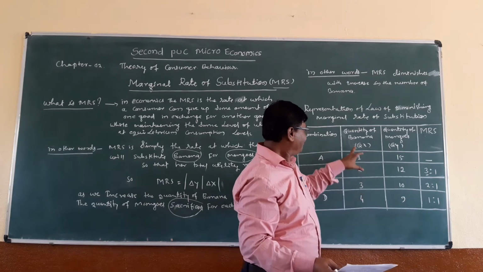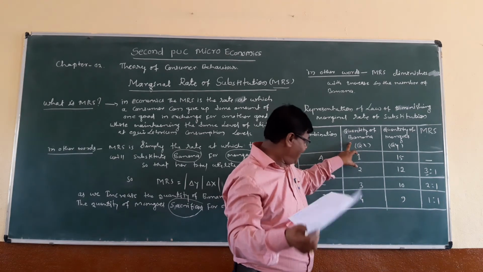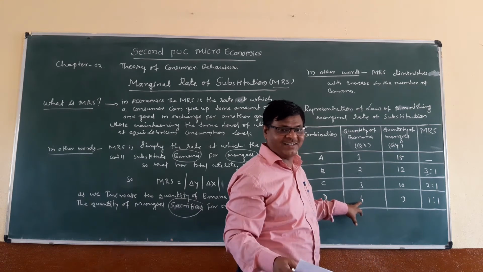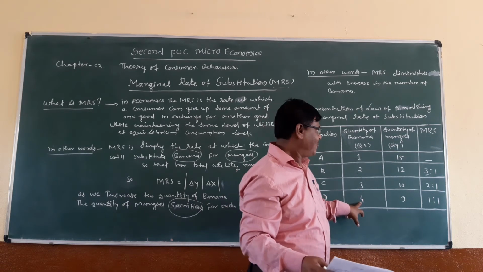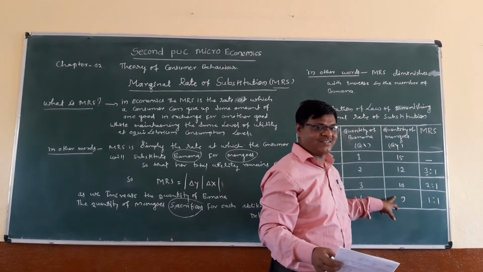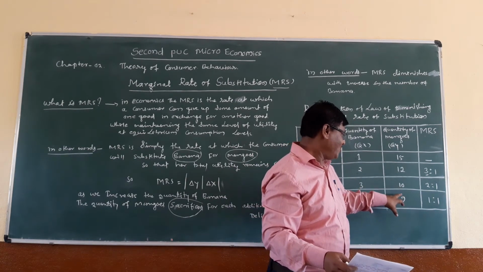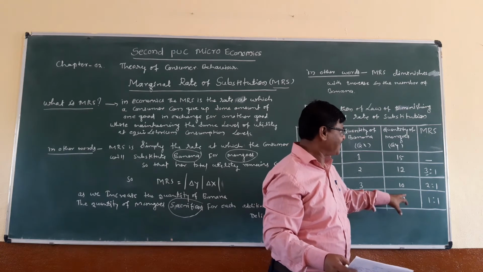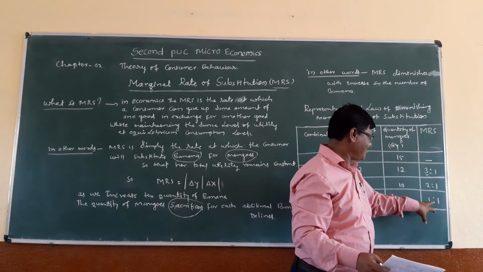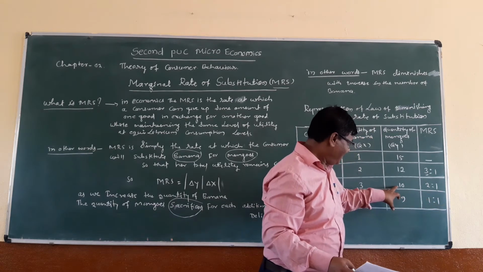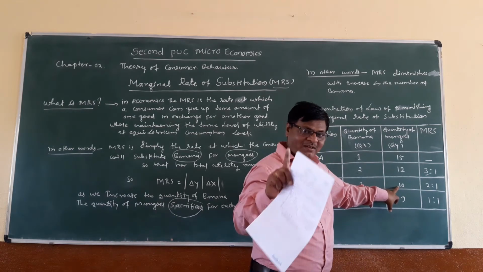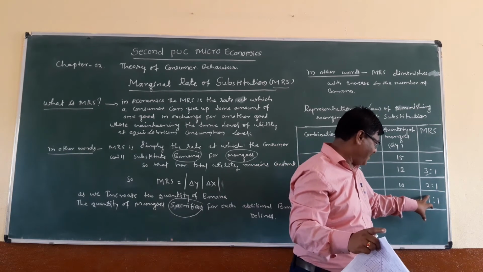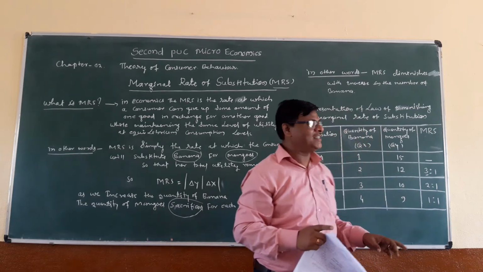And if the consumer increases 1 more banana, from 3 to 4, the consumer has to sacrifice mangoes from 10 to 9. The difference is 1 and the marginal rate of substitution is 1:1. One mango sacrificed and one banana increased. It is called 1:1.